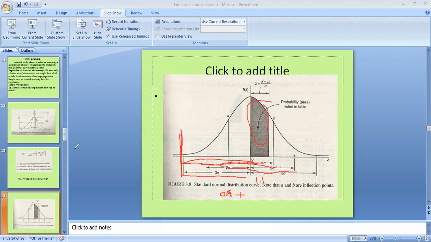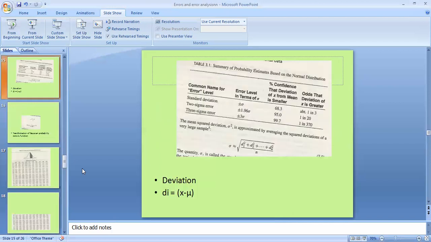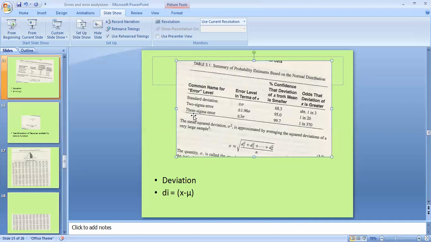In this way, the standard normal distribution curve is related to our probability. Whether it is error analysis or hypothesis testing, all of it is related to statistics. How much is the spread?